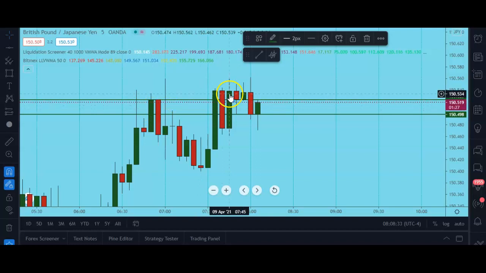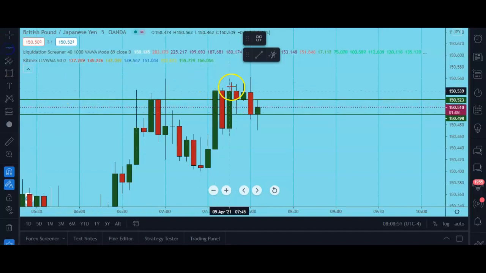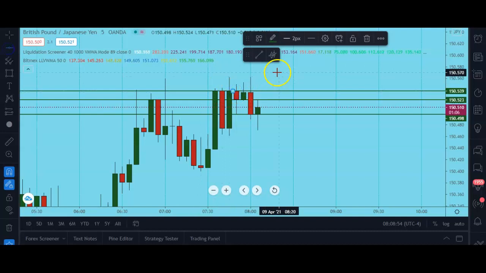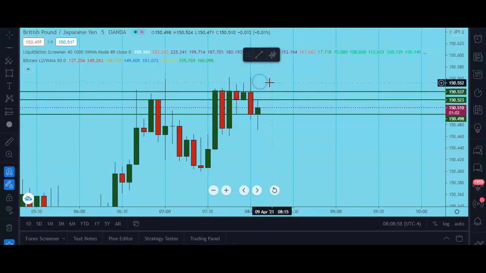This is resistance and this is support. Okay? This candle closed below this support line, so I would predict that this candle will close either below here or here at this previous resistance right there. And let's just sit and watch.